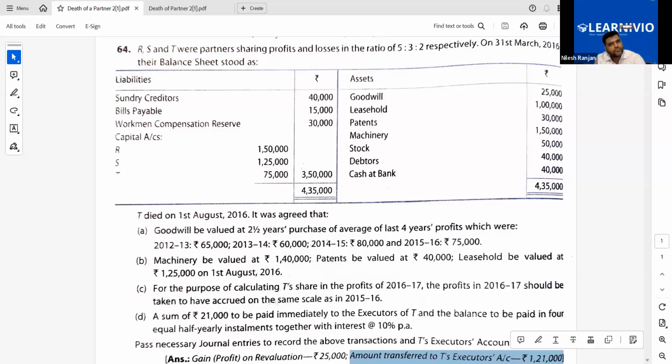Then how to find it? In the exam question, the answer will not be given. I am preparing only one account because that is confusing. That's why I have taken this amount as base. But in the question, there will be a capital account which will be prepared by you, and you will calculate this amount 1,21,000.